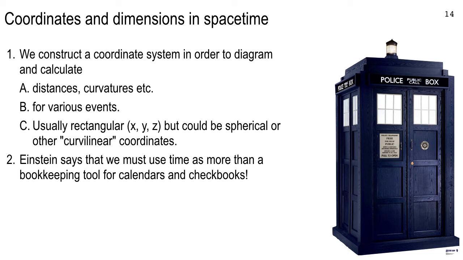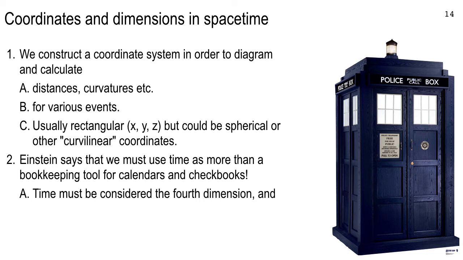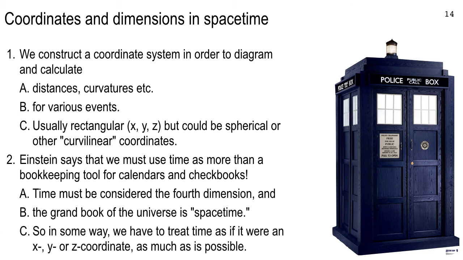But for us, we have to give it dimensional status as the fourth dimension, and we have to think of the universe itself as a space-time. So we have to treat time as if it were an X, Y, or Z coordinate as much as possible. That's one of the lessons that not Sir Isaac Newton, but Albert Einstein shared and developed, and we talked about that last time.